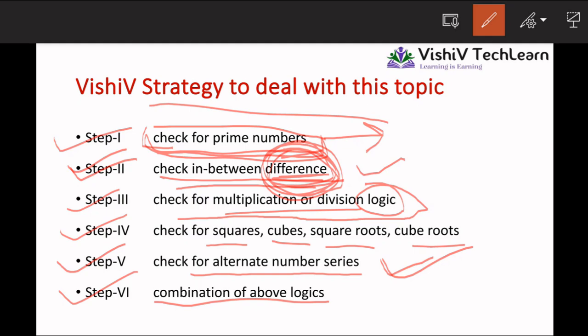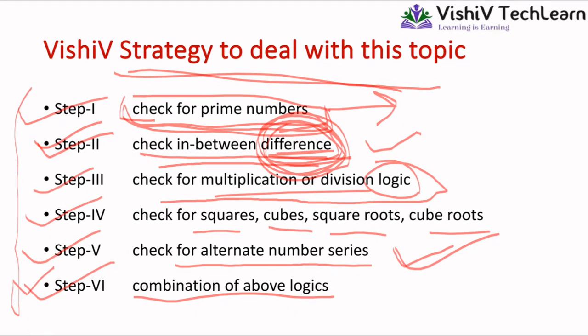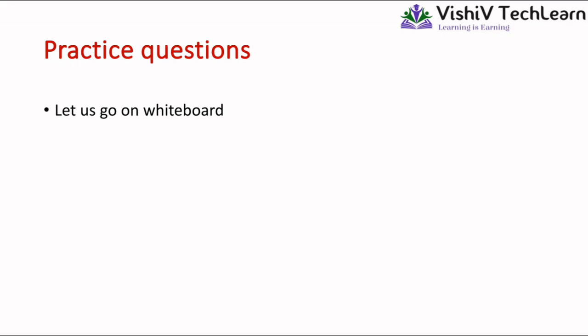Whenever you are trying to solve a number series problem, my suggestion is to implement these steps and find the answer very easily without any headache. Now it's time to solve the number series problems on the whiteboard. So we will go to the whiteboard now.